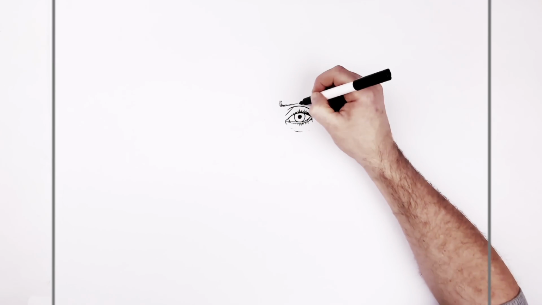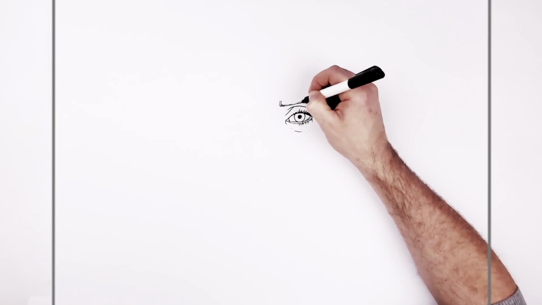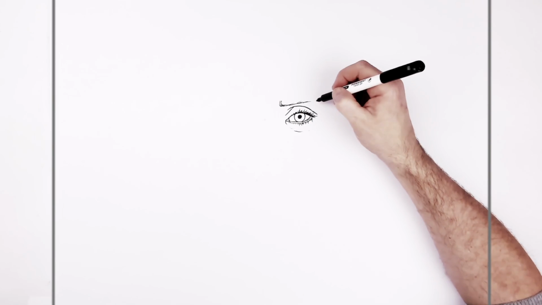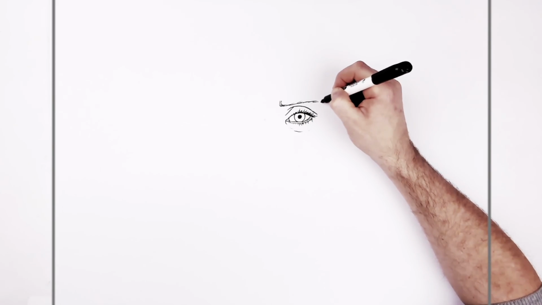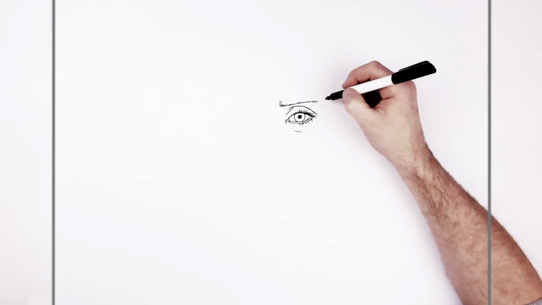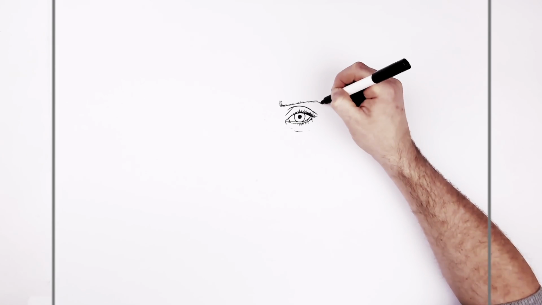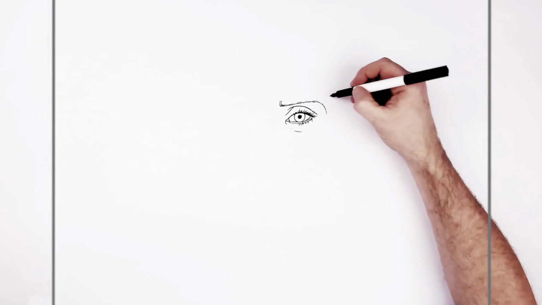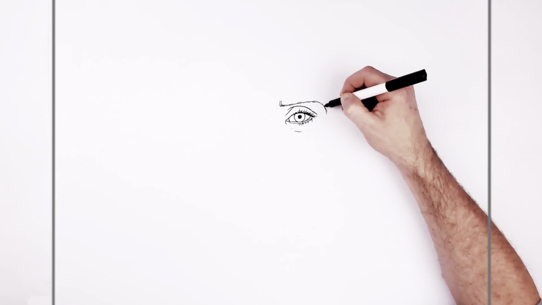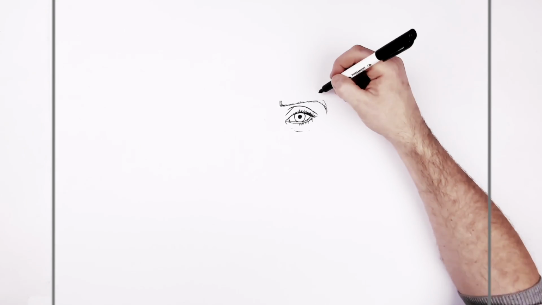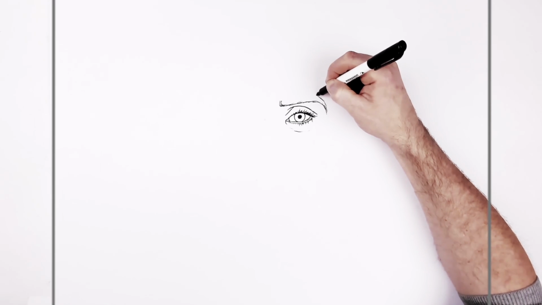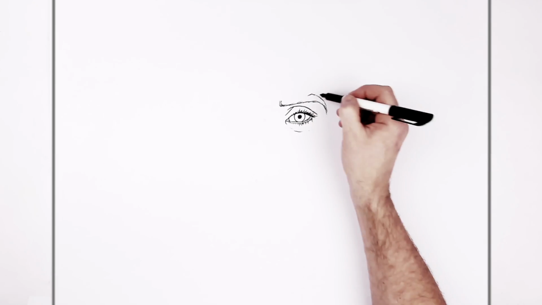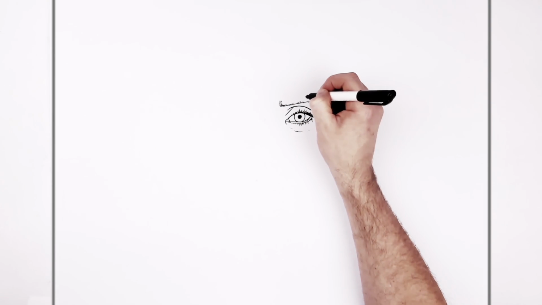You could do this as a sketchy line if you want, or you could go smooth. I think I'll go sketchy on this one because he has quite hairy eyebrows. And it curves right down around this bone of his brow. Curves down there, and then you want to go back up, and then it goes right back into these hairs.